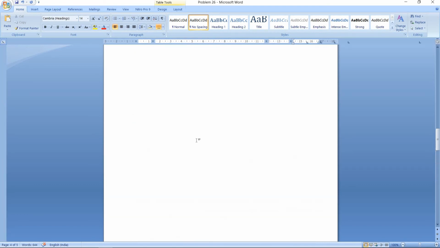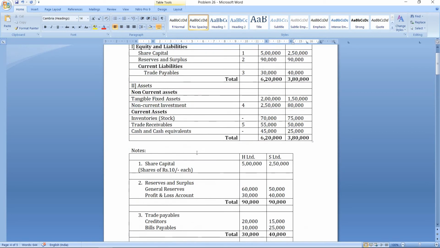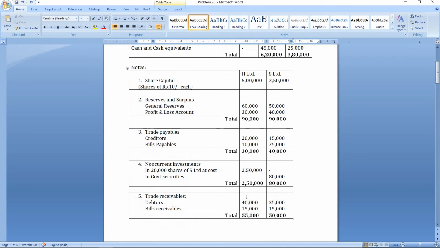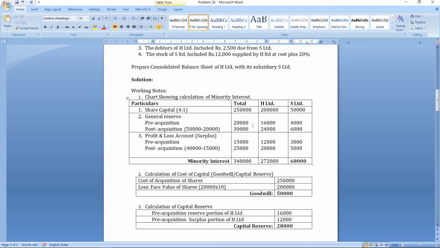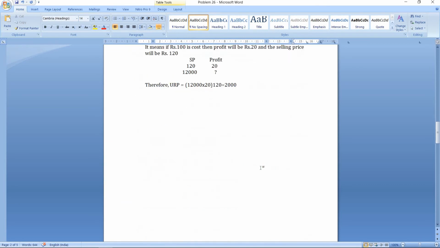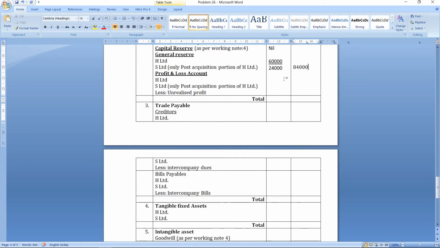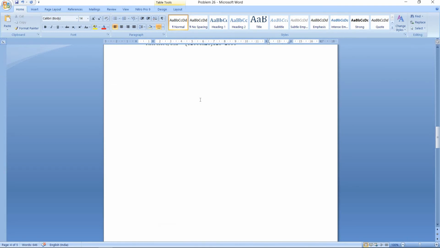Okay, then profit and loss account. Let us see what is the profit of H Limited given in the problem. Profit of H Limited is 30,000 and you have to take the post acquisition profit of S Limited, 20,000. So here in the working note we will write profit of H Limited as given in the balance sheet is 30,000 and post acquisition profit is 20,000, and from this we have to minus the unrealized profit that we calculated just now. So our unrealized profit is 2,000.